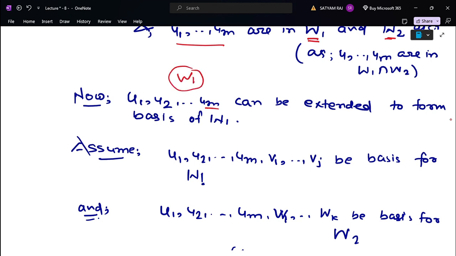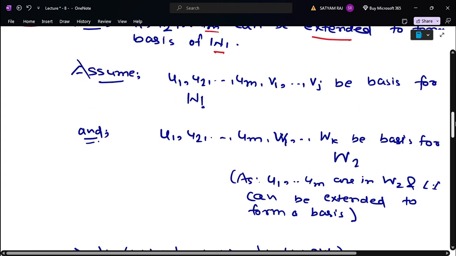Because W1 intersection W2 is a subspace of W1, its basis, being linearly independent and contained in W1, can be extended to a basis of W1. So u1, u2, ..., um can be extended to form a basis of W1.